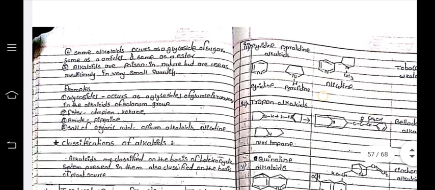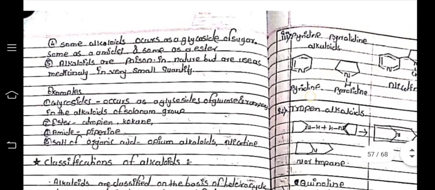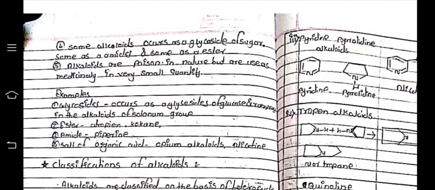Some alkaloids occur as glycosides of sugar, some as amides and some as esters. Alkaloids are poisons in nature but are used medicinally in very small quantities.